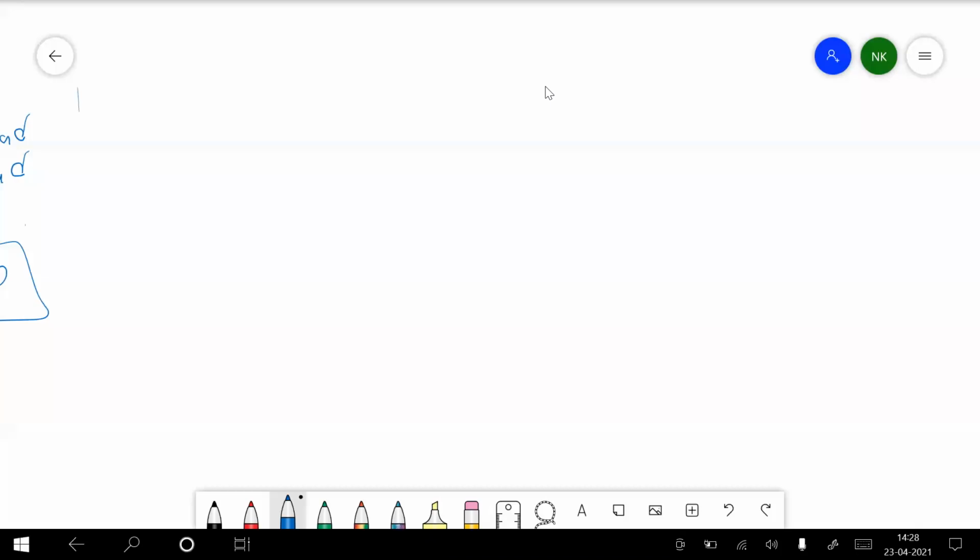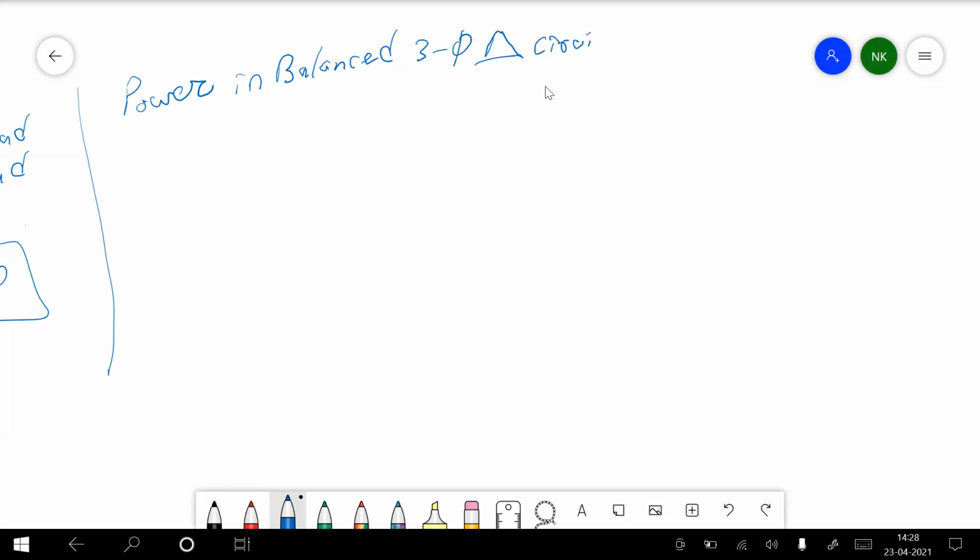Now let's see what is happening. Power in a balanced three-phase delta circuit.